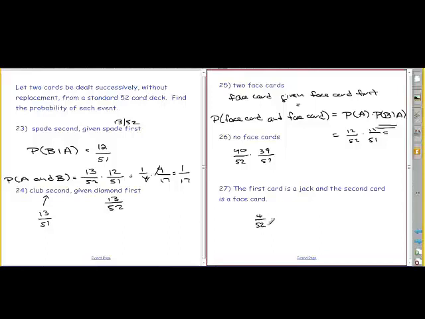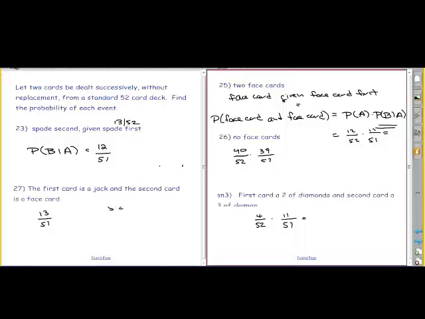So if the first card is a jack, the probability of picking a jack out of a full deck of cards is 4 out of 52. Oh, this does say face card. Okay. And the second card is a face card, but the jack is a face card. So instead of 12 face cards remaining, because the first chosen was a jack, there are 11 face cards remaining, and there are 51 cards. And so you multiply those together.